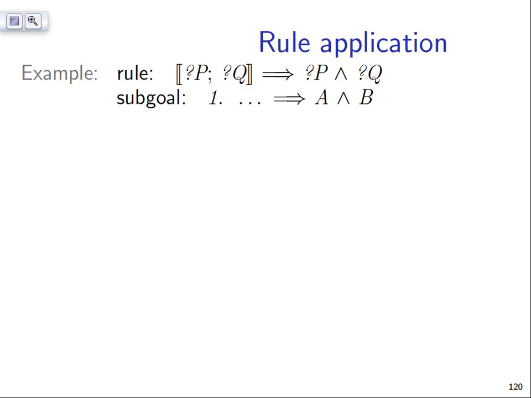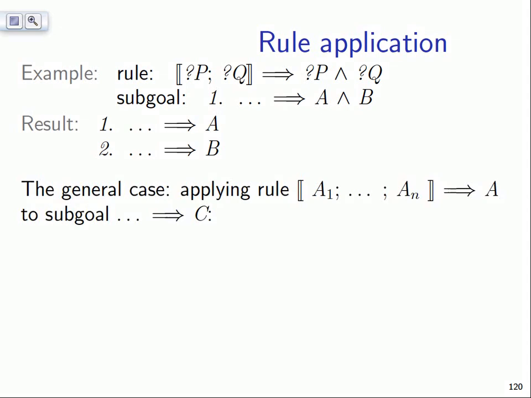That is, by unifying the conclusion of this rule with the current proof state, and then replacing that proof state with two sub-goals, namely proving P and Q separately. Somebody in one of the earlier lectures asked, is this like Prolog? Yes, this is like Prolog. If you know Prolog, this is just using one of the clauses backwards. And so the result would be that you have to prove A and you have to prove B.